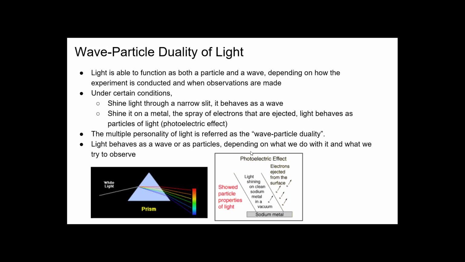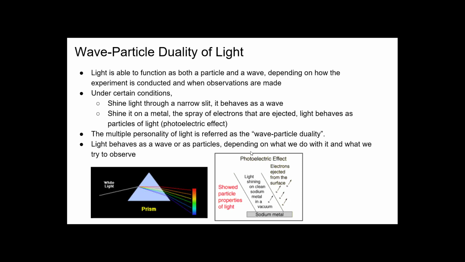In some cases, seeing light as a wave helps explain the experimental results, and seeing light as a particle explains other results. They work together. They don't work against each other, but they help explain a lot of what we weren't able to explain with just one. So this is where the wave-particle duality of light comes in.